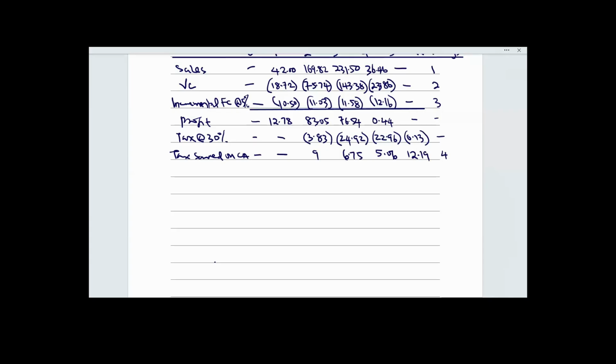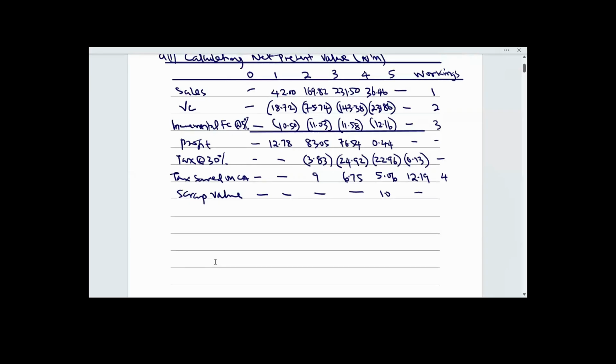Now, after tax saved on capital allowance, we consider scrap value. Scrap value is 10 million naira, which will occur in the final year, which is year 4. Please, you have to be very careful. You notice that the useful life of this equipment is 4 years, so your scrap value is supposed to be in the final year, which is year 4.